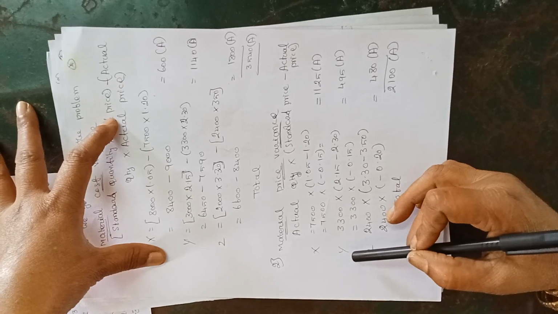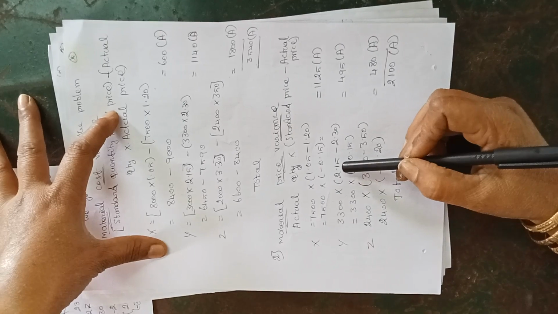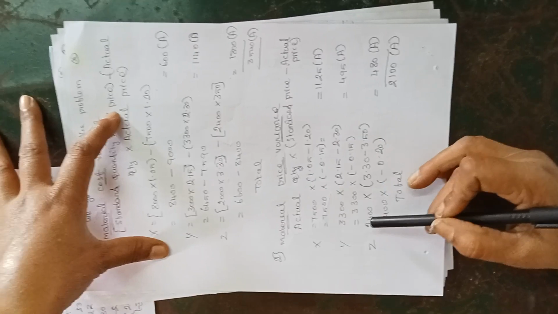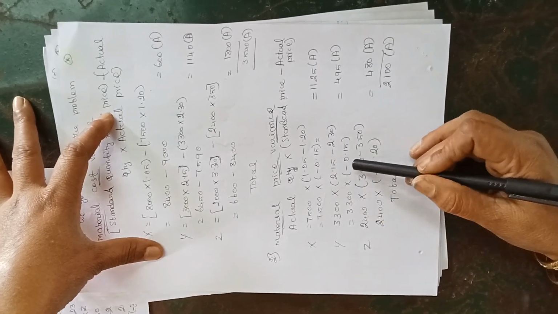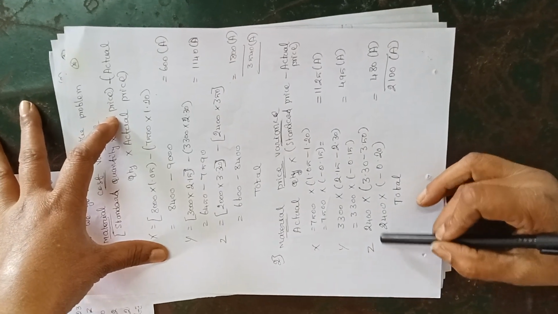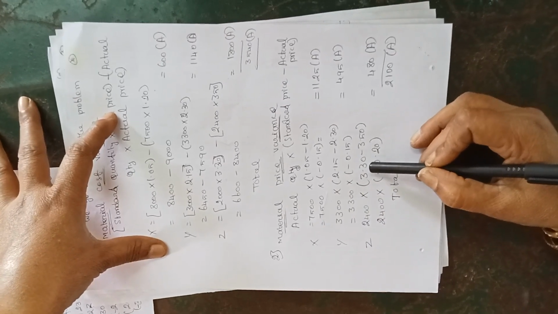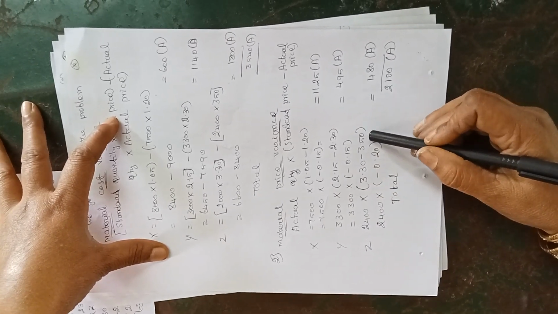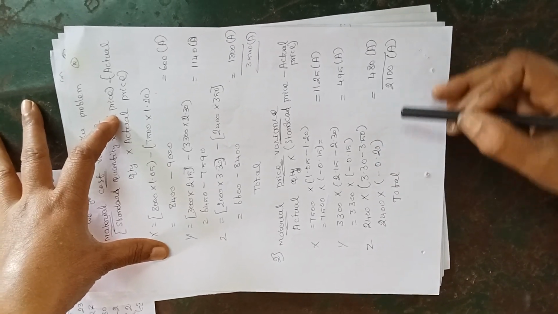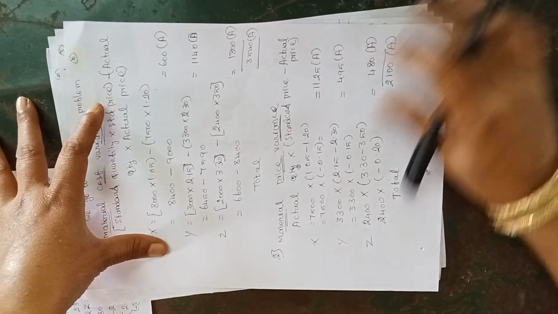Y: 3300 into 2.15 standard price minus 2.30 actual price equals 3300 into minus 0.15, 495 adverse. Z: 2400 into 3.30 minus 3.50, so 2400 into minus 0.20 equals 480 adverse. Total 2100 adverse.